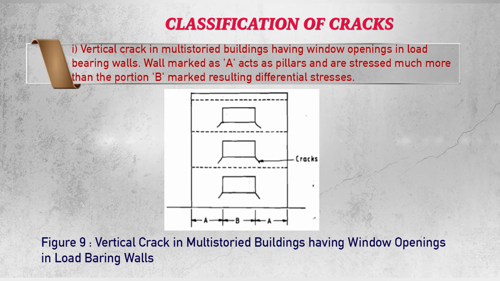So, some portion is much stressed in comparison to the other, and due to this differential stress, vertical cracks are there in the building having window openings in load bearing walls.